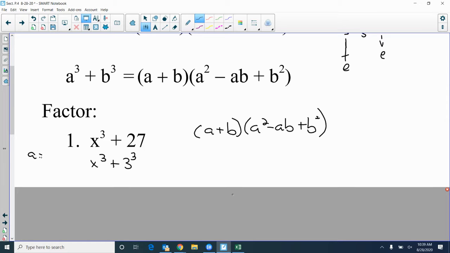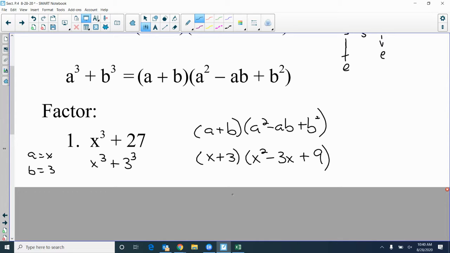So that means my a value is x, my b value is 3. Wherever there's an a, I put the x. Wherever there's a b, I put the 3. But you do want to simplify as well. So a plus b is going to be x plus 3. a squared is just x squared. All right, you're going to multiply those together. x times 3, don't write x3, please. Okay, make that 3x. So it's going to be minus 3x plus 3 squared, make it 9.